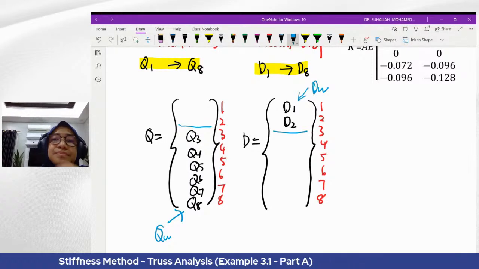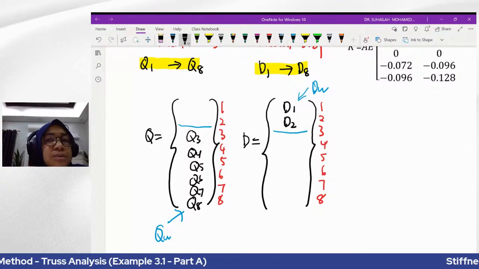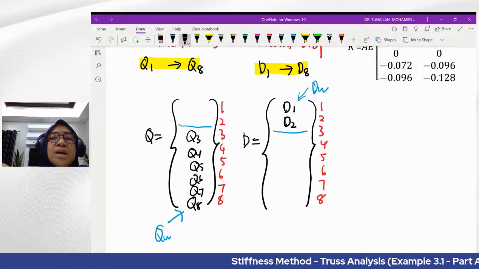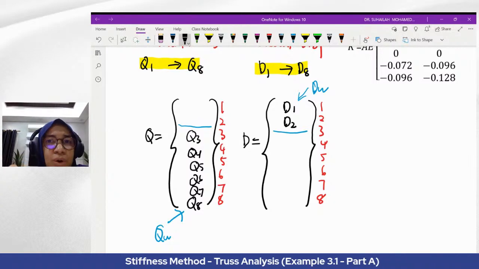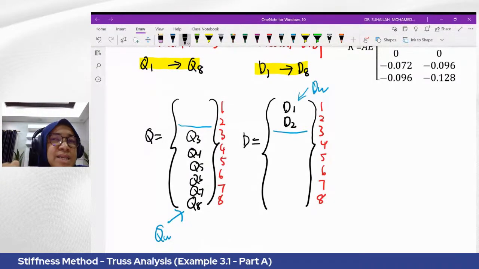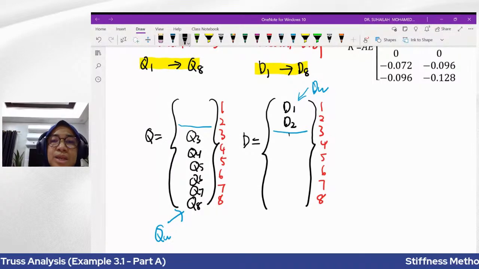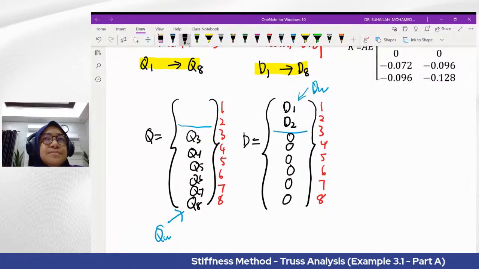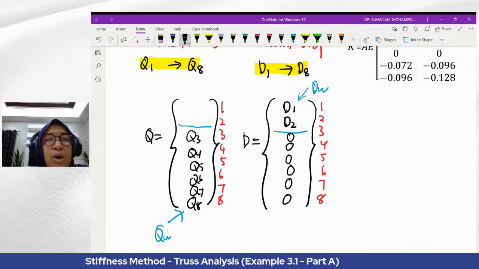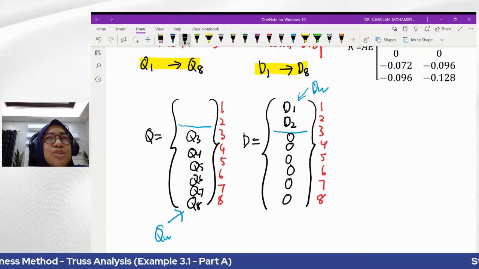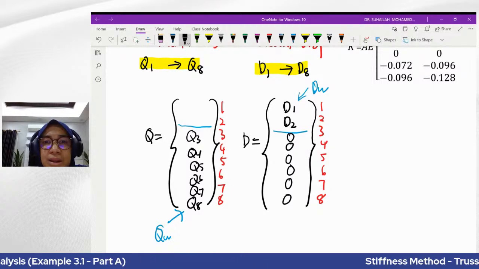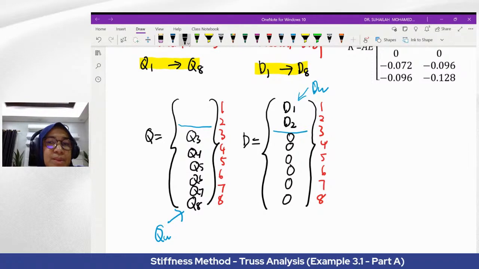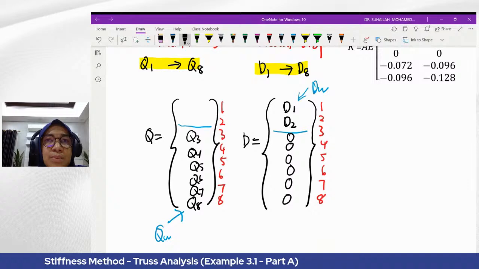So what happens is that the displacements at positions 3 until 8, D3, D4, D5, D6, D7, D8, will equal 0 because of the support.